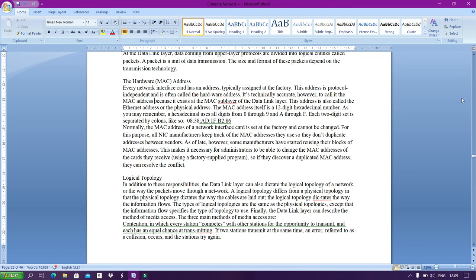As of late, however, some manufacturers have started reusing their blocks of MAC addresses. This makes it necessary for administrators to be able to change the MAC address of the cards they receive using factory supplied programs. So if they discover a duplicate MAC address, they can resolve the conflict.